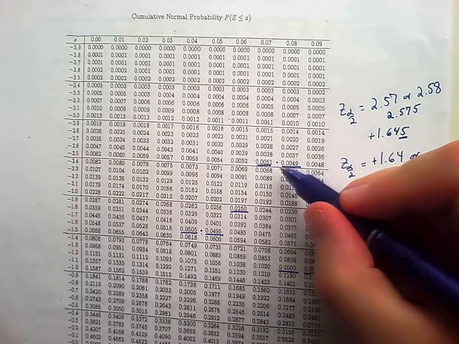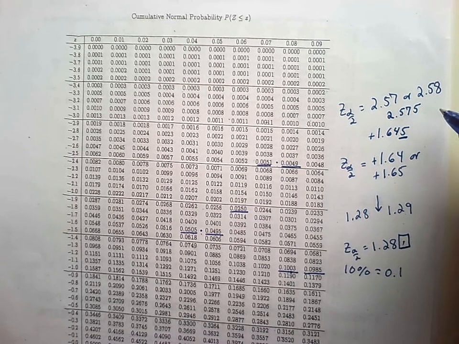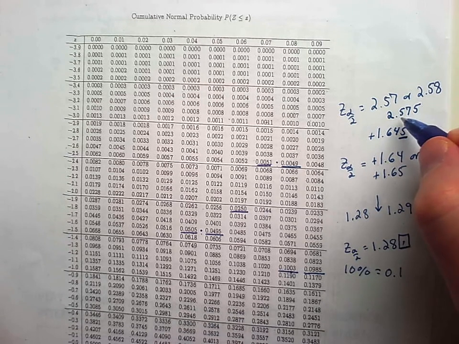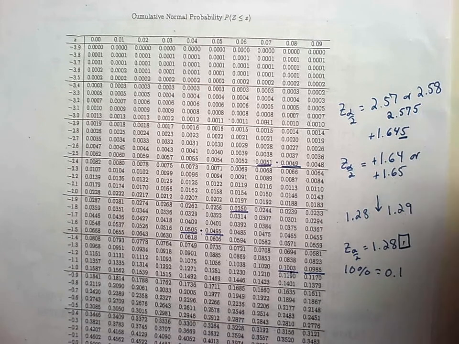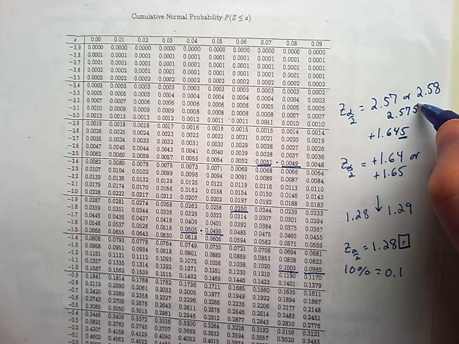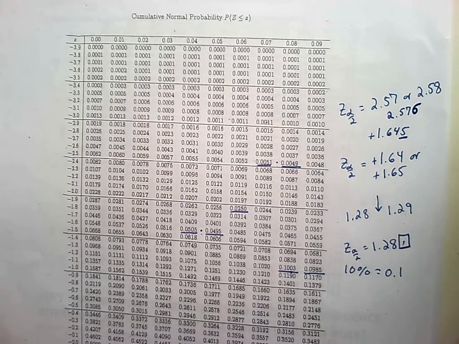Now, really, mathematically speaking, this is what we're going to see in our next table, and also why we need a table. This is going back to a little bit of the discussion that we had in Chapter 5. Really, this is not 2.575, but it's really more accurately 2.576.